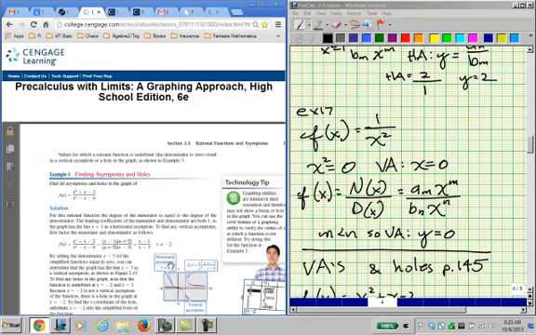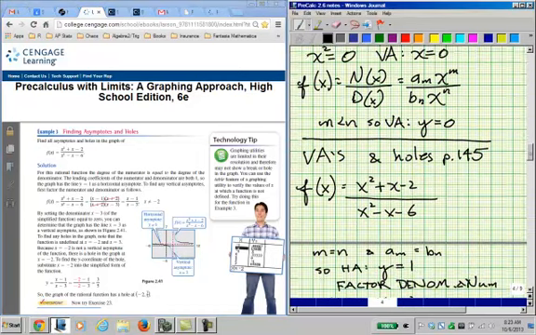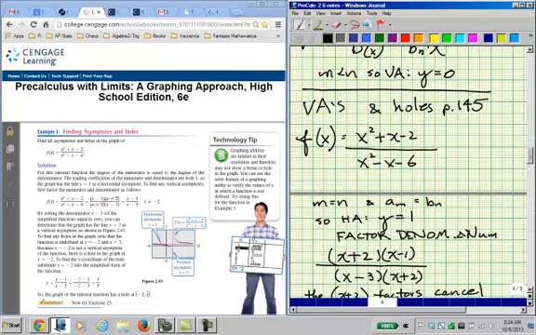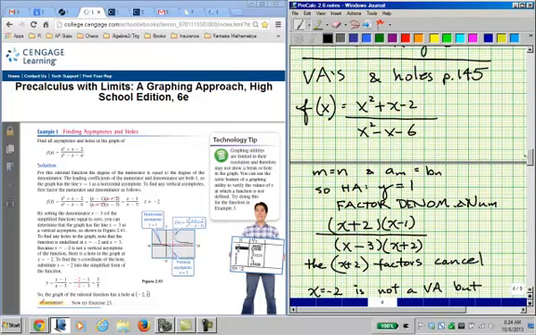Finding asymptotes and holes. Now we have to sort of refine our sense of asymptotes with vertical asymptotes. Here's what's going on. You've got a trinomial in the numerator, a trinomial in the denominator, degree 2. You can factor them.